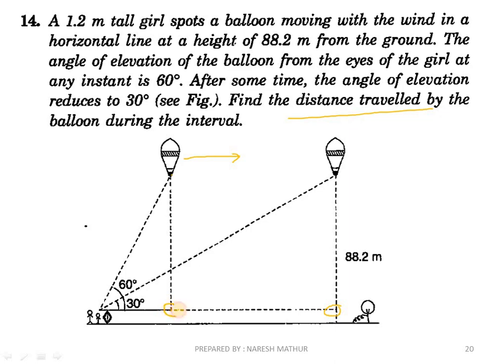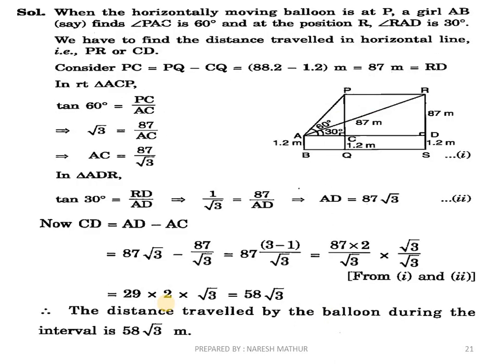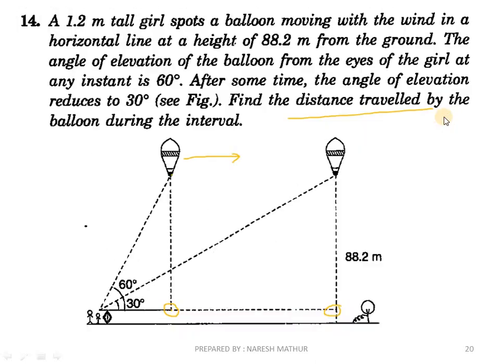First, getting the concept of the question. Now just redraw the diagram in a simpler way. We need to find the length of CD. First of all, we are given the total height as 88.2 meter, and the height of the girl is 1.2 meter.